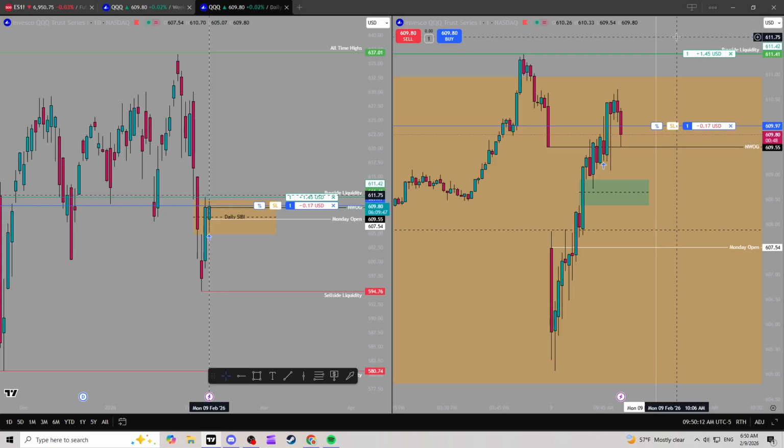All right. Look at how it touched that new week opening gap and how it's reacting off of it. Okay.